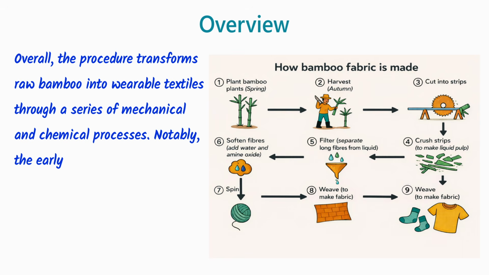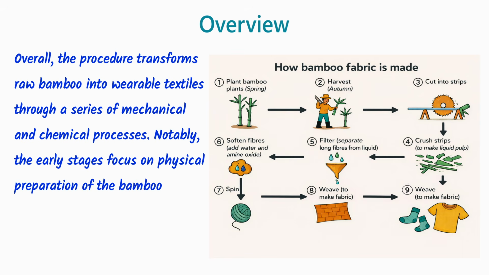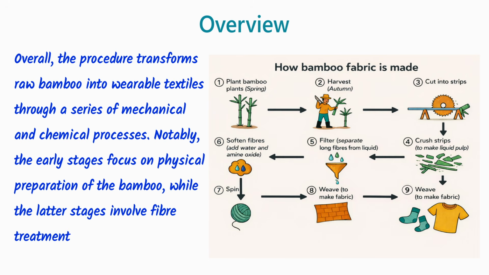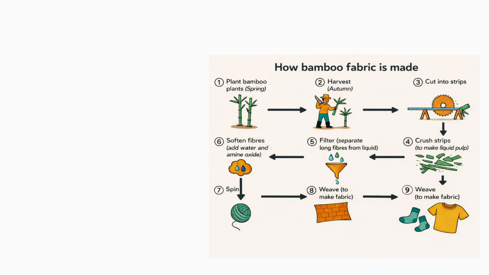Notably, the early stages focus on physical preparation of the bamboo, while the latter stages involve fiber treatment and fabric formation. This is a very good, to the point, overview paragraph for writing about a process diagram. That's it.